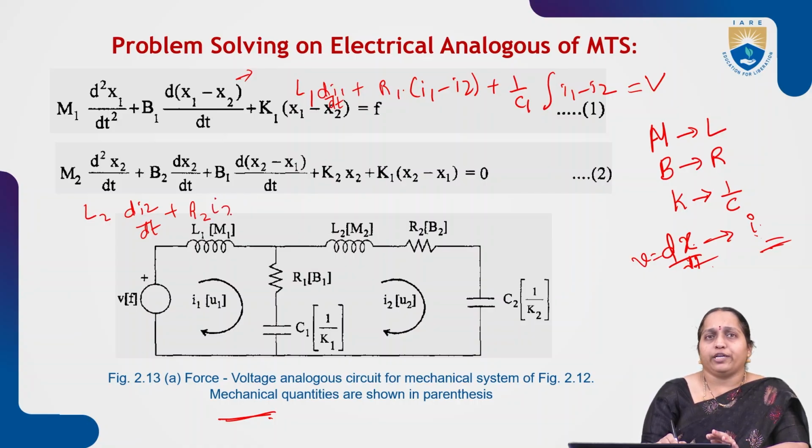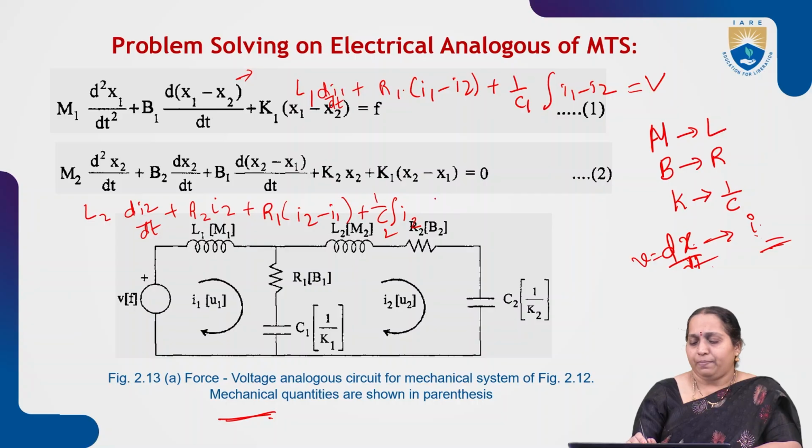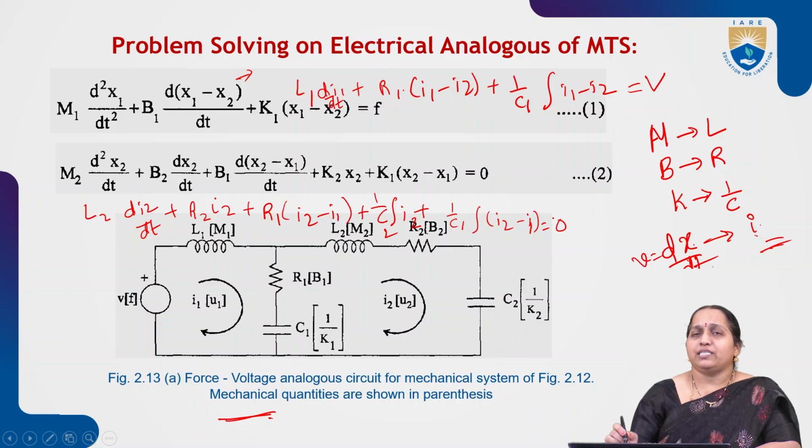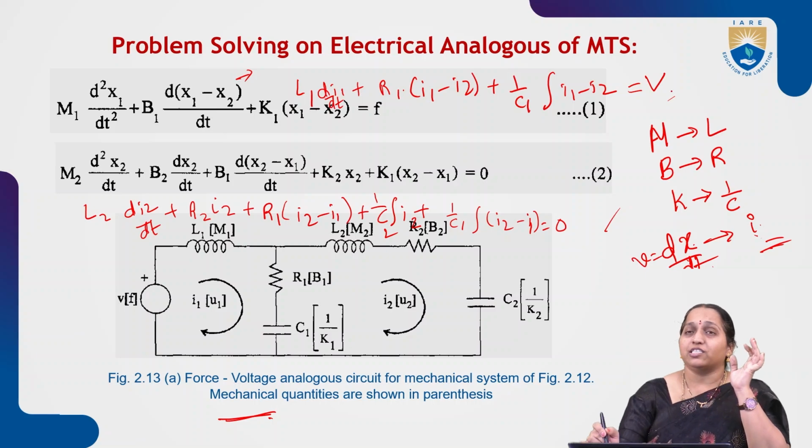So it is R2 into I2 plus B1 into, B1 is equal to R1, so plus R1 into I2 minus I1 plus K2 is 1 by C and x2 is integral I, so 1 by C2 integral I2, then plus K1 is 1 by C1 integral of I2 minus I1 equal to 0. Now for these two equations we have to draw an electrical circuit which satisfies them.